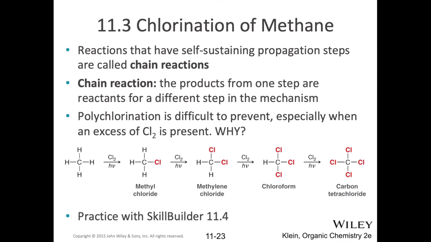Because of this propagation, it's possible that you could get a chlorine radical abstracting a hydrogen from your methyl chloride product, and you then get methylene chloride or dichloromethane. You could then get chloroform, or trichloromethane. And finally, you would wind up with carbon tetrachloride. At this point you have no more hydrogens to abstract.